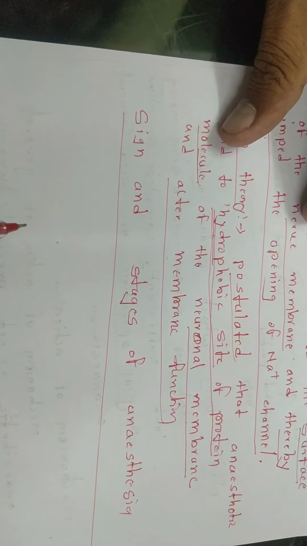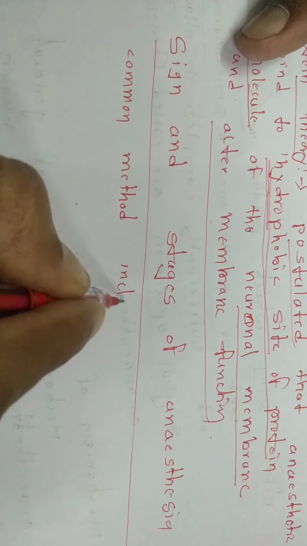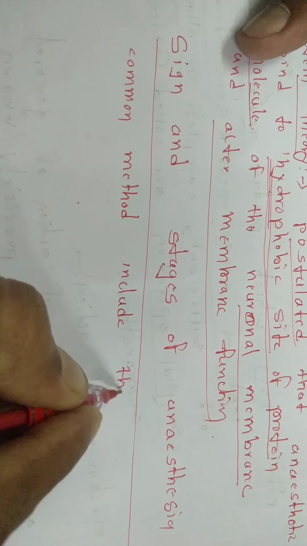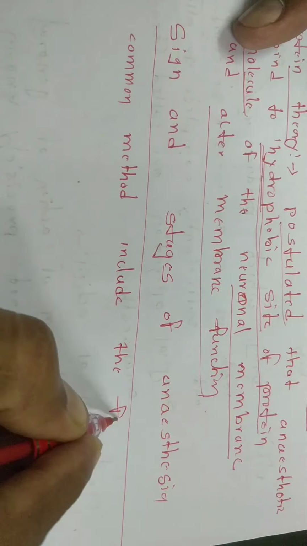In these signs and symptoms and stages of anesthesia, there are various methods to judge the proper surgical anesthesia, but common methods include the following observations.